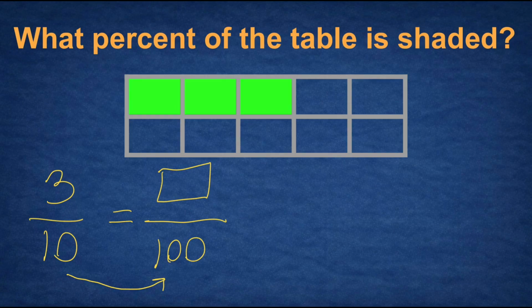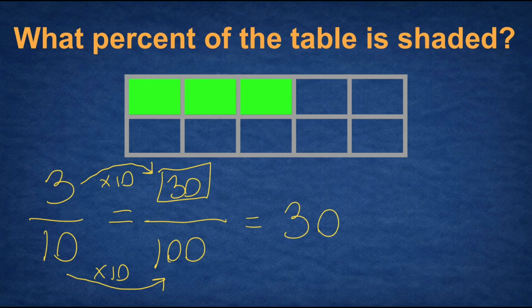And I know that I can multiply by 10. If I multiplied by 10 on the bottom, I need to multiply by 10 on the top. 3 times 10 is going to give me 30. So 3/10 of this table being shaded gives me 30%.